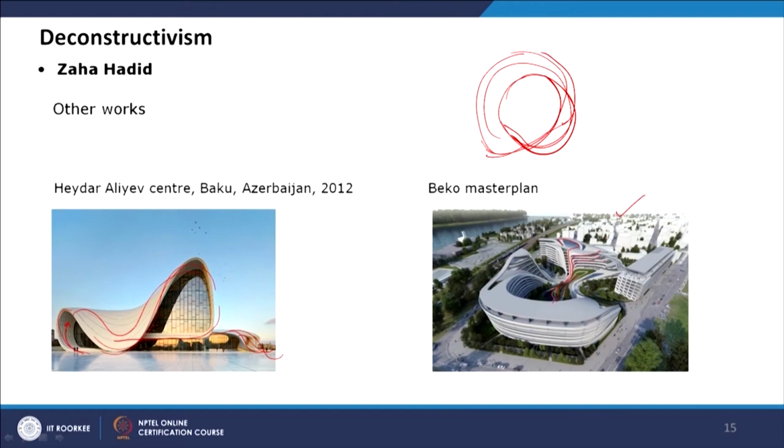So all these lines are combined from the landscape, coming from the road to the landscape and then to the building, and all these lines are emerging from and blending with the others. So that's her style of design.